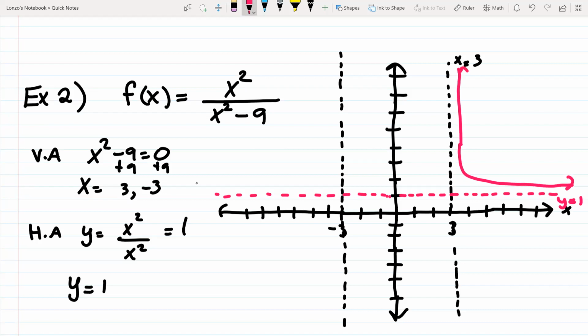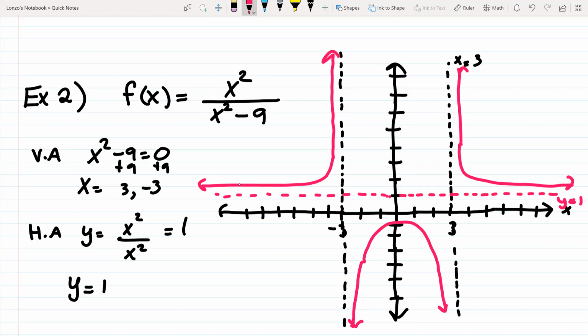And then the middle part is concave down like this. And then on the left side, it looks like this. So that's what our graph looks like.